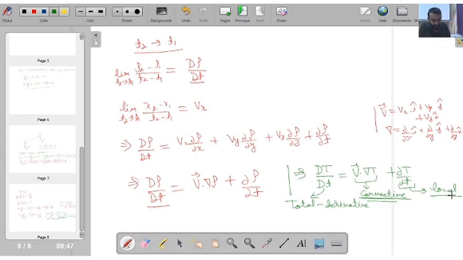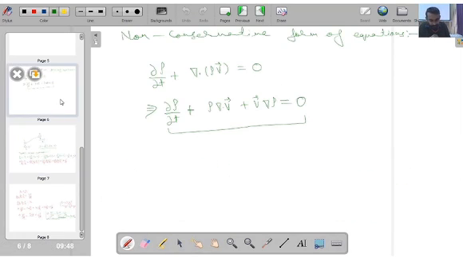Is this point clear? Now, why have I taken this part first? Because one thing we can see is that v vector dot gradient of rho plus del rho by del t I can write as d rho by dt.